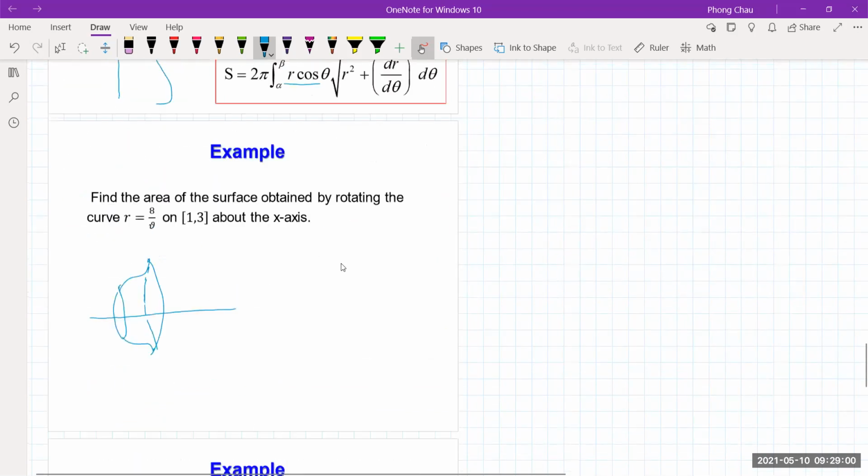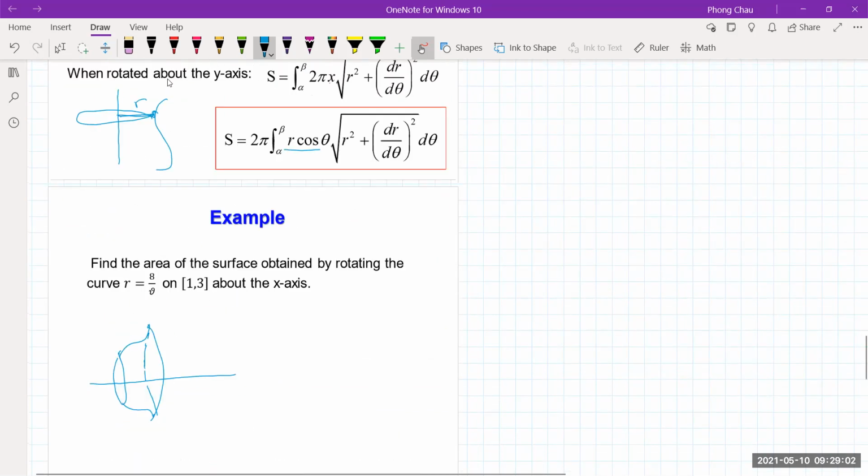So the setup for the surface area is 2 pi, the integral from, sorry, from 1 to 3, of r sine theta.